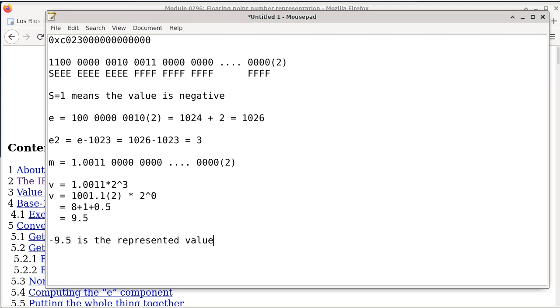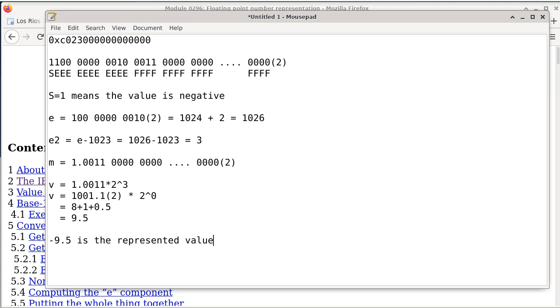So this time we just have to do it in the opposite way. We put the hexadecimal digits into an unsigned integer, and then we interpret it using the floating point method, and it should give us back negative 9.5 exactly. So I will leave it up to you guys to give that a try, because the more you practice, the more you will understand the concepts. At least that's the general idea.